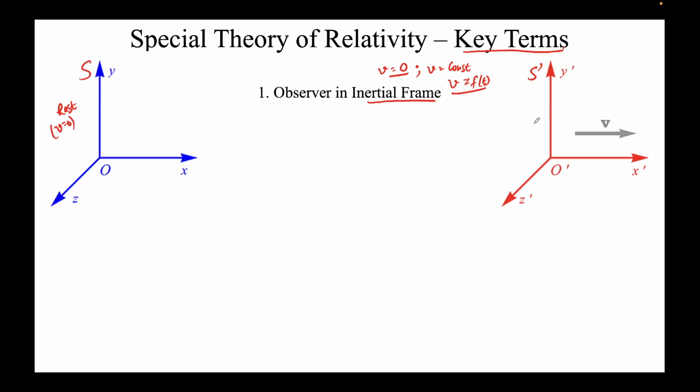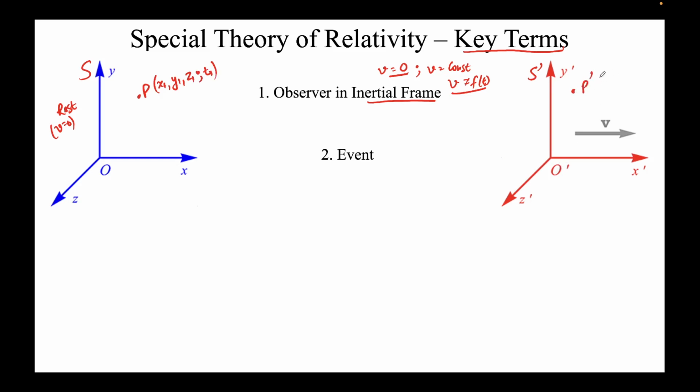So what do these observers do? These observers will observe some events. So what is an event? An event is denoted, let's say some event P. This may be a ball touching the floor, someone clapping their hands. So this event has some space coordinates associated, let's say x1, y1, z1, and one time coordinate, let's call it t1. The same event may be observed by this observer O prime, and we denote it as P prime.